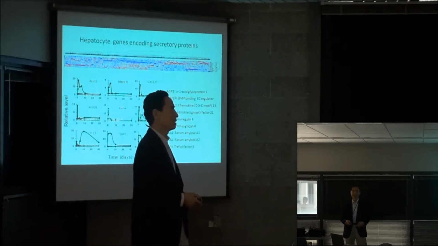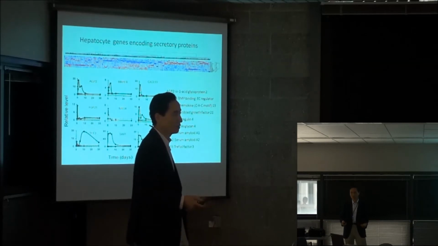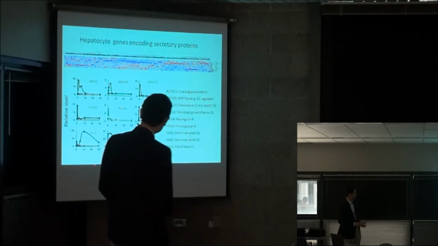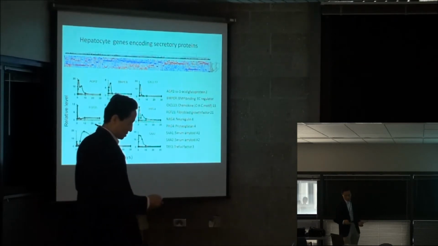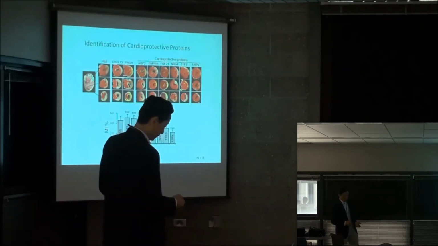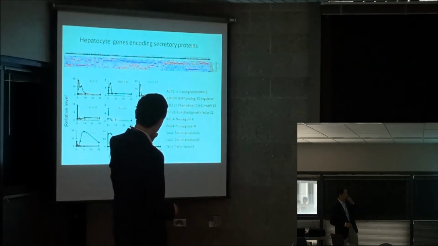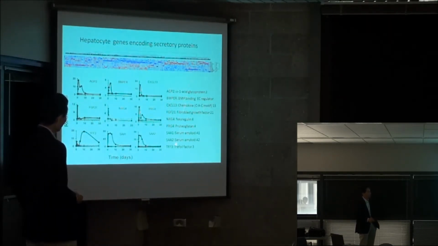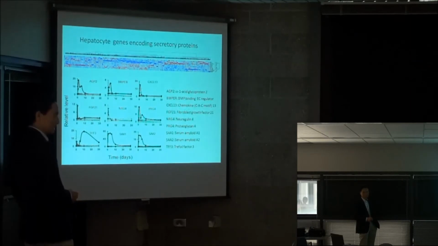Some might be involved in cardioprotection in early time, others for myocardial regeneration in later time, such as TFF3. So what are the functions of these proteins? So far, none of these proteins was identified as myocardial protective proteins.